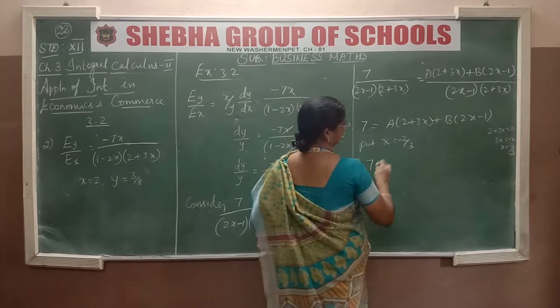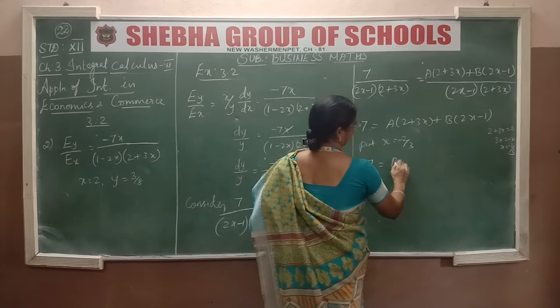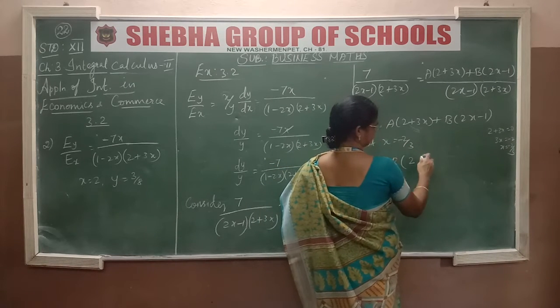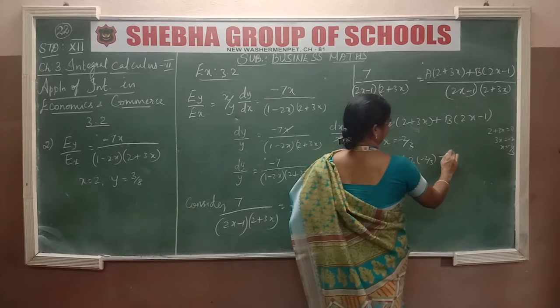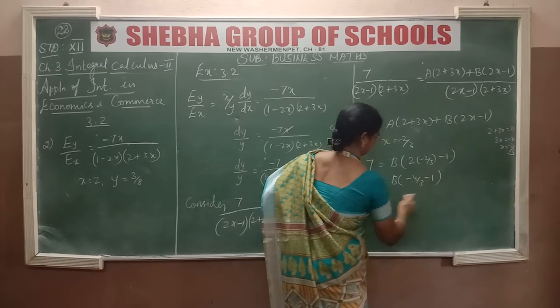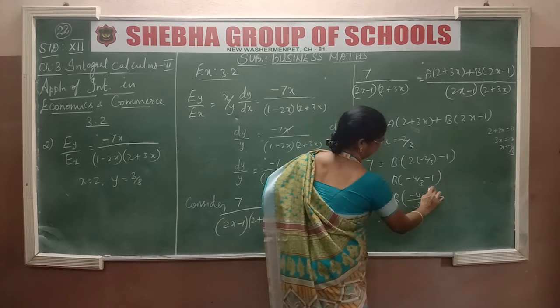So 7 equals, this term becomes 0, and the next one, b into (2 into minus 2 by 3 minus 1), which is b into (minus 4 by 3 minus 1). Taking 3 as LCM, b into (minus 4 minus 3) by 3.